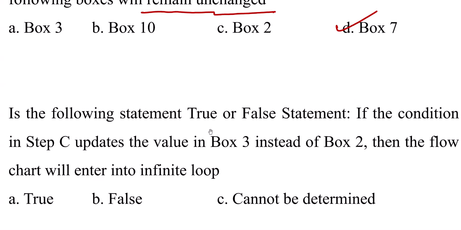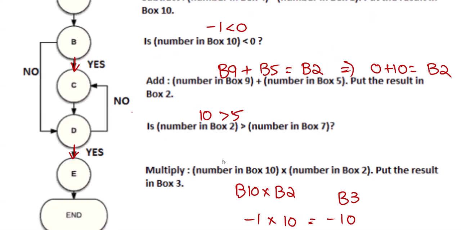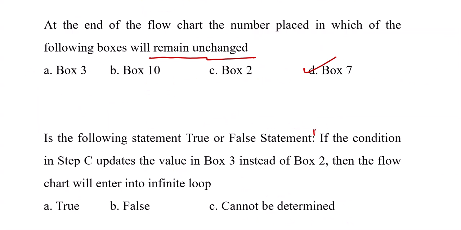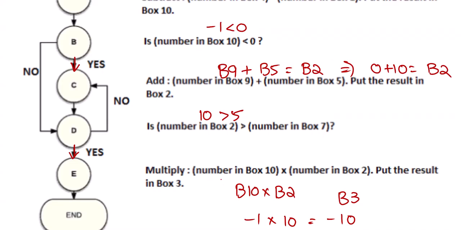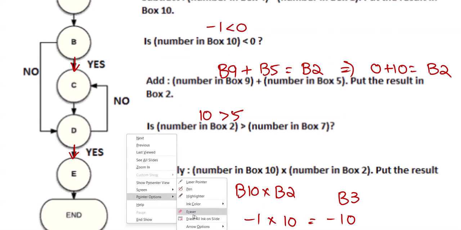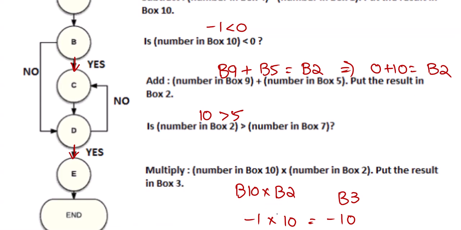Step C updates value in box 3 instead of box 2, then the flowchart will go for an entire infinite loop. See, this is a loop, step C. The statement is that from here to here it will go for an infinite loop. They are saying if here, instead of box 2, it is changed to box 3, meaning box 3 value becomes 10, then box 2 will not change.